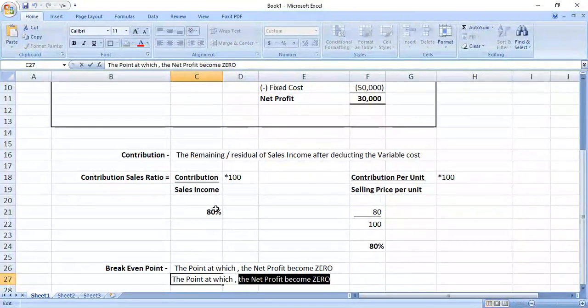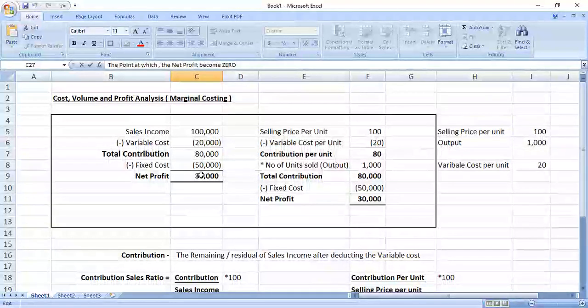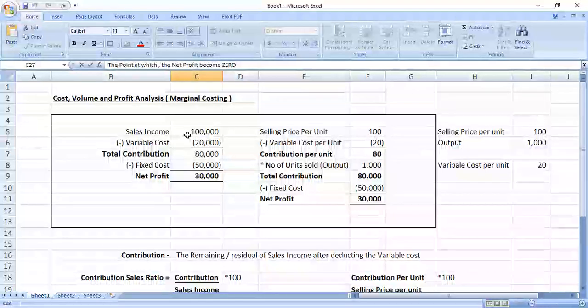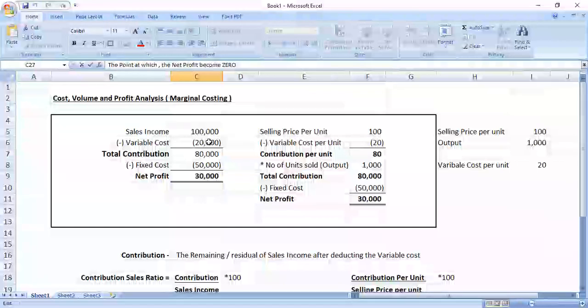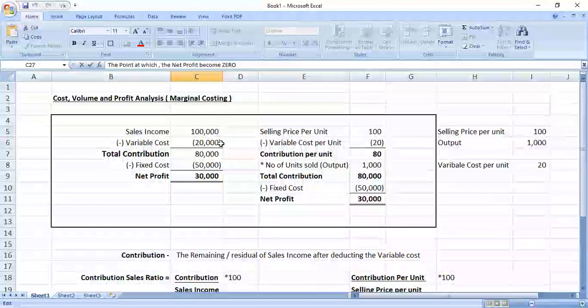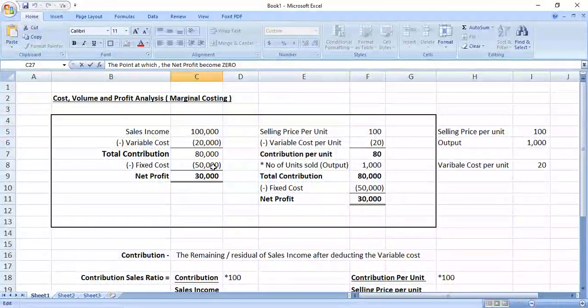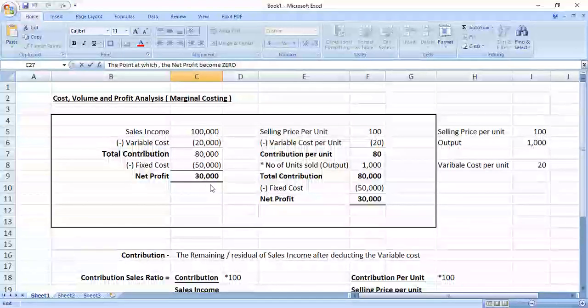Now when you have zero net profit, the total cost equals the total income. Let's say you have 100,000 income, and here in this case variable cost is 20 and fixed cost is 50, so 70,000 total, and that is why you have a net profit of 30,000.